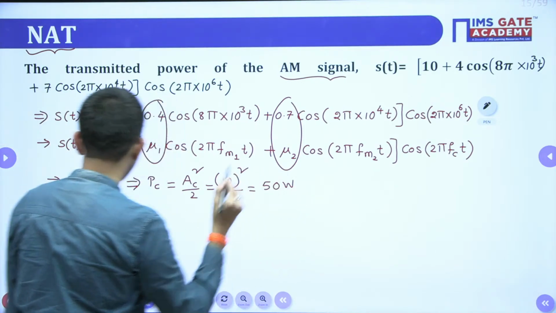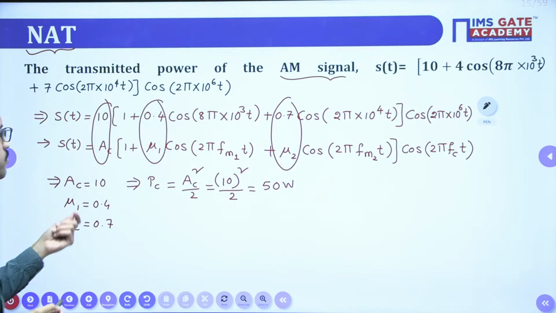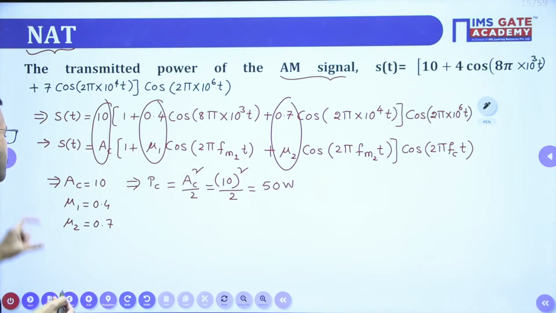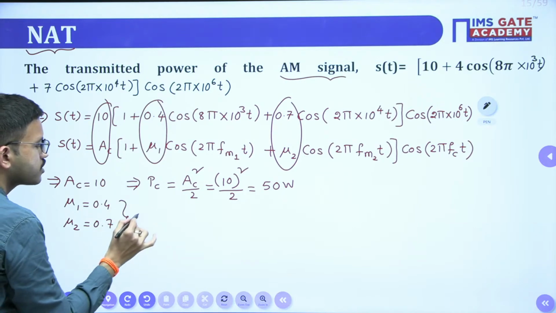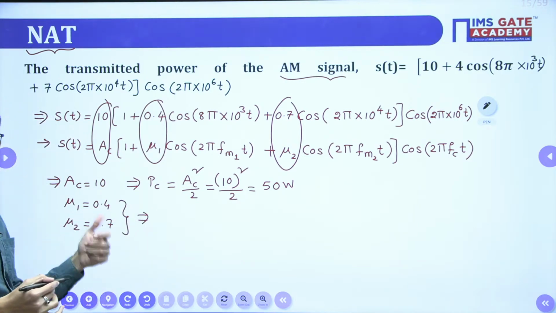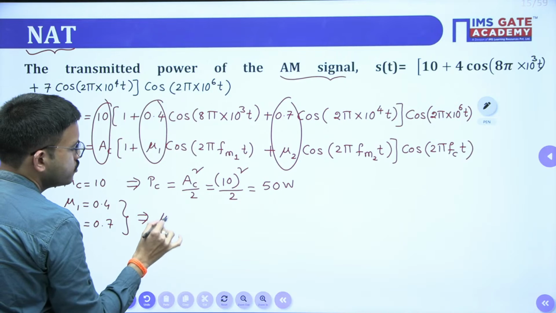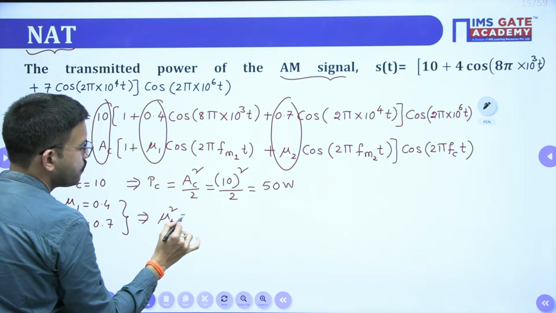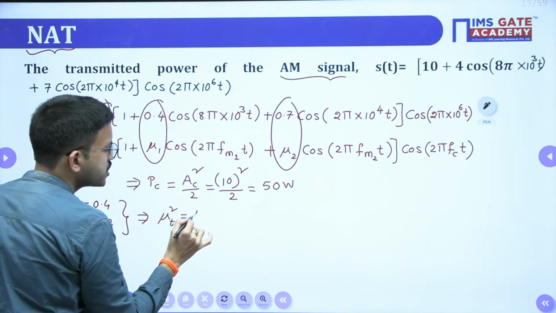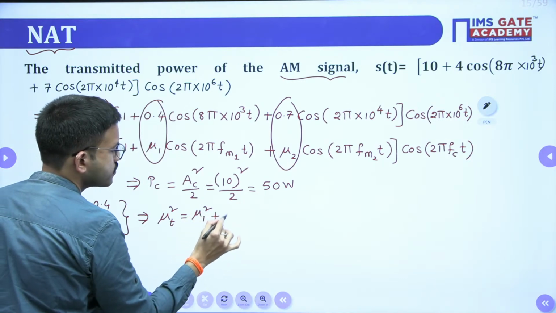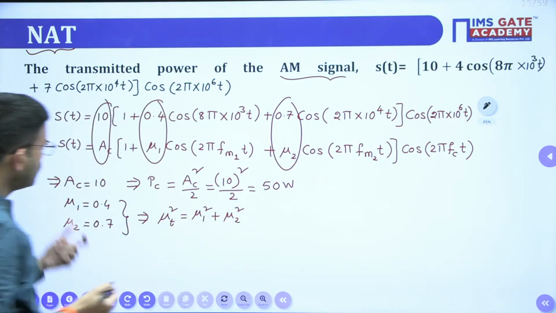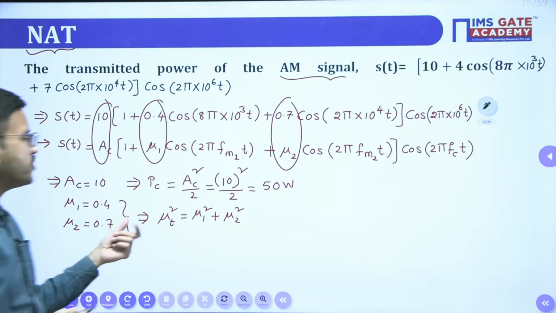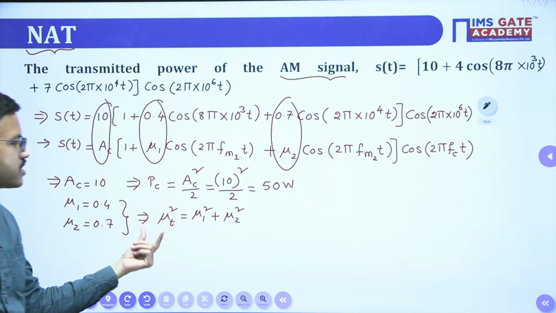Now, if you have only one mu, we can directly substitute in the standard formula. But here you have two mu values, so from there you can find the resultant mu. I hope all of you know this formula: mu t square is equal to mu 1 square plus mu 2 square. When you have multiple modulation indexes, in order to calculate the resultant modulation index, this is the standard formula.